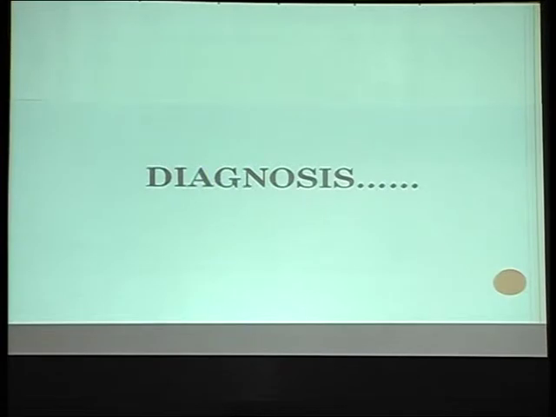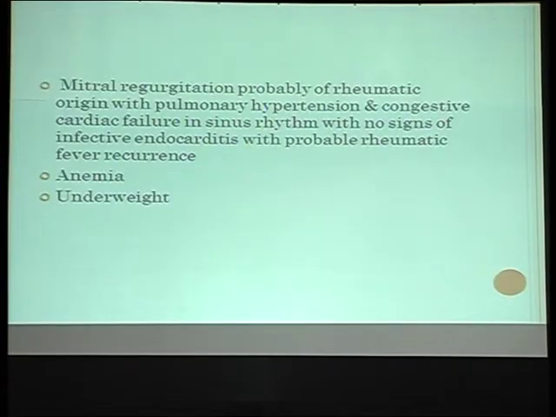I would like to think in terms of mitral regurgitation as the cause, probably of rheumatic origin with pulmonary hypertension and congestive cardiac failure, in sinus rhythm with no signs of infective endocarditis and active carditis due to recurrence, and also there is anemia and underweight.